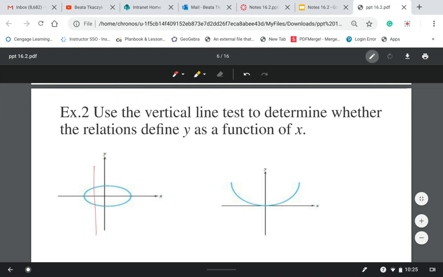Here, this is A, this is B. And look what happened. I don't need to do more. This vertical line intersects the graph twice. So this is not a function.